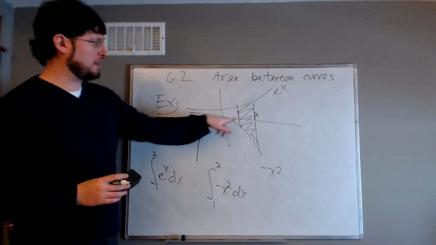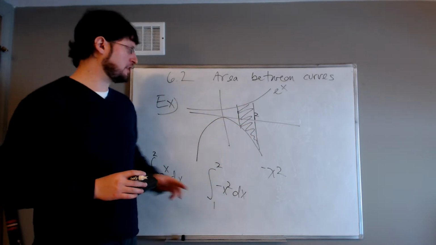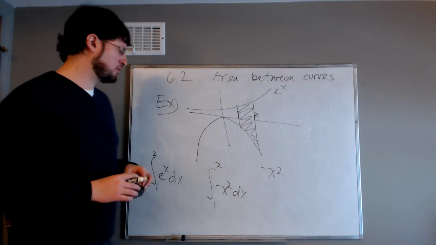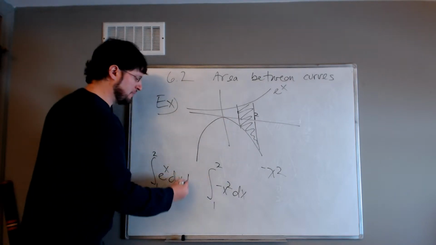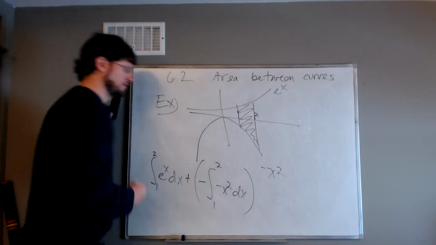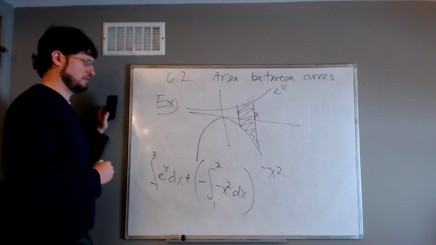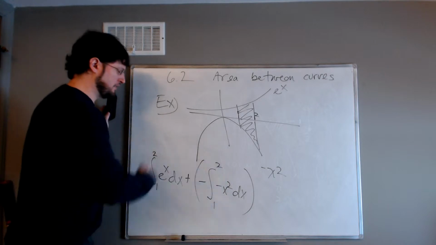So if I have a region that's below the x-axis, the antiderivative is going to be negative. But if I actually want the area, I need to make that negative. But remember how these things work.